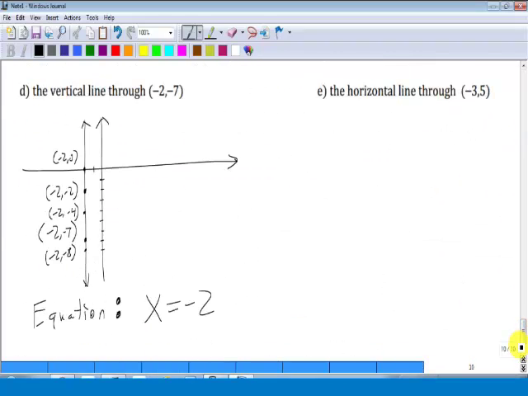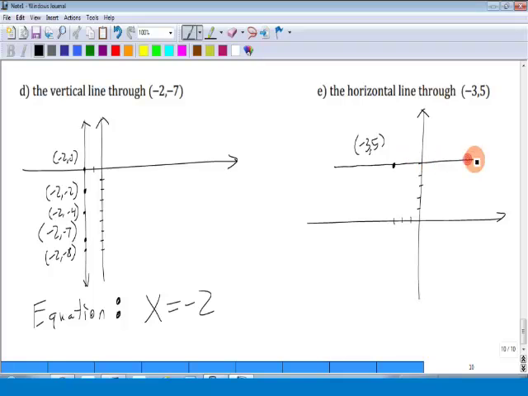In the case of a horizontal line, what's going to happen? There's the point. We know it's a horizontal line because it's given.